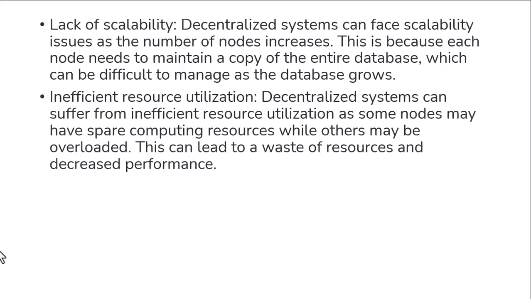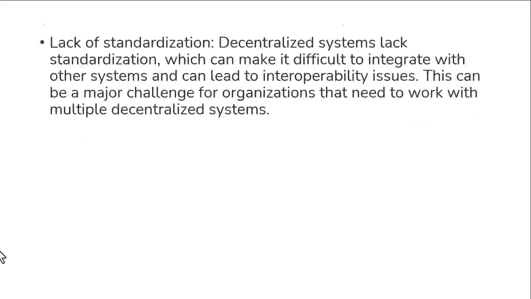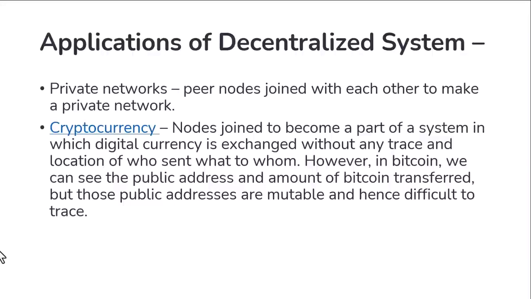If we compare to a centralized system, for a large system this system possesses more advantages, and maintenance is also not a big issue. Further applications of decentralized systems include cryptocurrency, where nodes join to become part of the system in which digital currency is exchanged without any trace and location of who sent to whom.